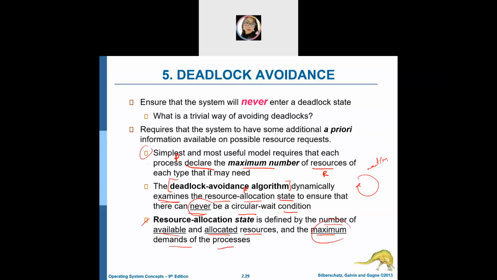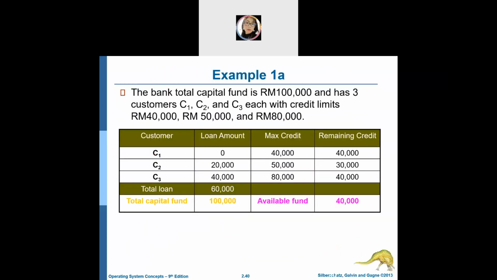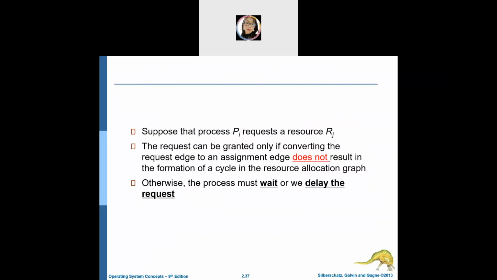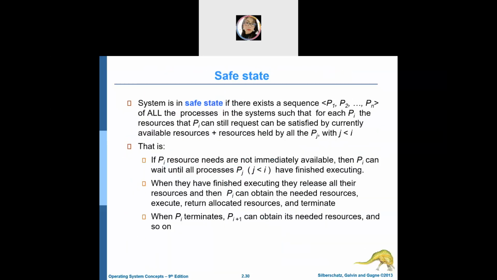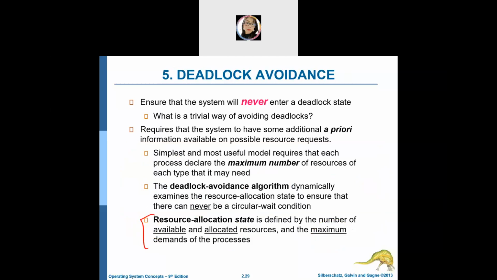This maximum demand is already shown here, and you need to always check the availability and allocation of your resources. Maybe you're going to see, okay, resources now available is 2 and allocation already gives 3, so you know the maximum that can be held by your P, etc. Later on, you're going to see this in terms of the banker's structure, which is going to represent this whole thing. So you're going to see, okay, this one will be covered.